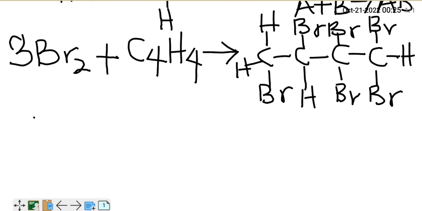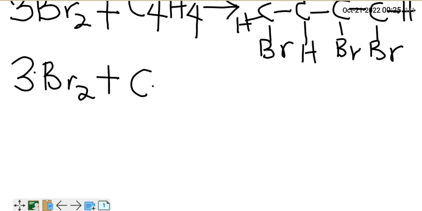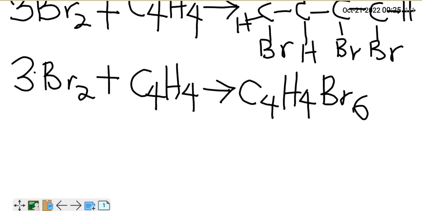So I'm going to rewrite this equation again. 3 molecules of bromine is reacting with but-1-en-3-yne to form, if you count all the carbon atoms here, you would have 4 carbon atoms, of course 4 hydrogen atoms, but then the bromine atoms now is 6.